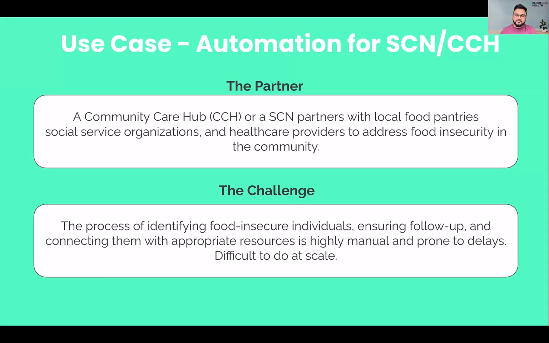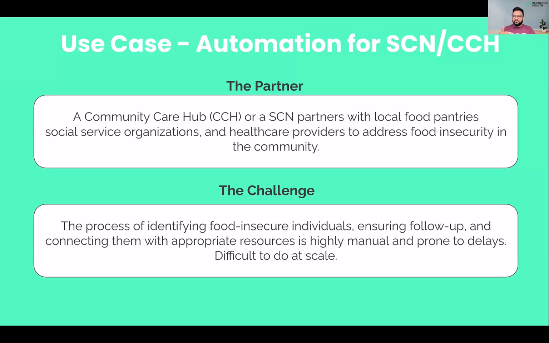Thanks, Aman. Yeah, let's explore a real world case where automation can actually transform social care delivery, right? So we're taking an example of a community care hub that has partnered with food pantries, service organizations, and healthcare providers to tackle food insecurity and other challenges within their members.